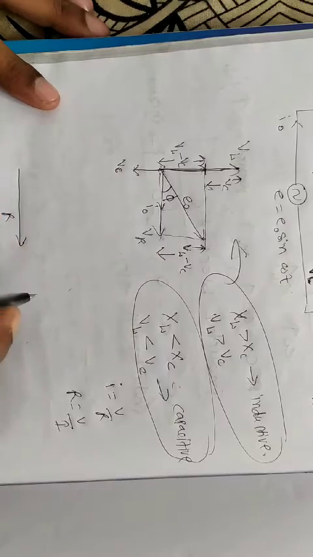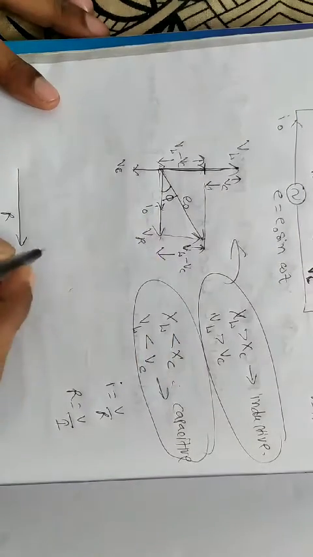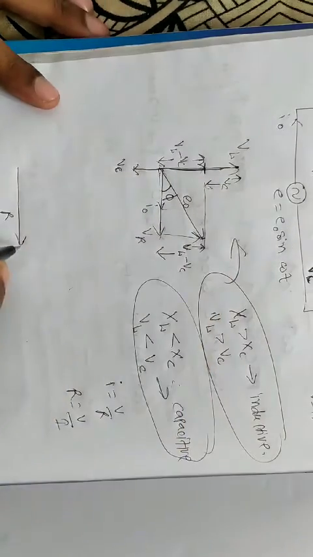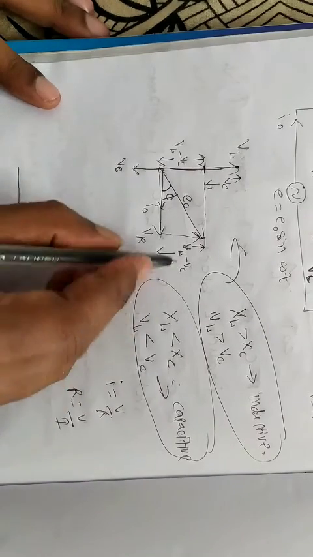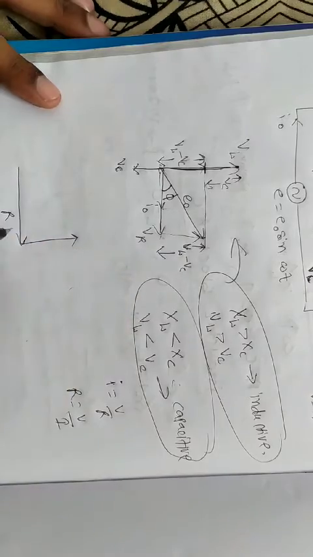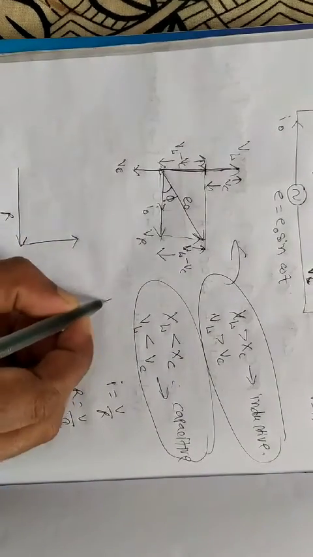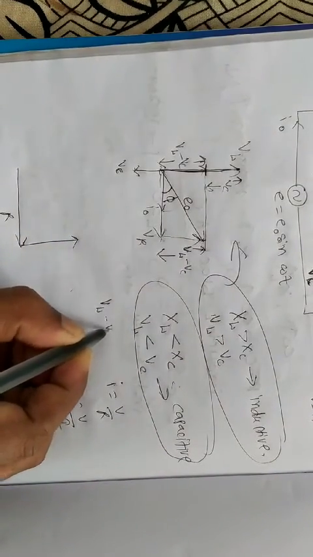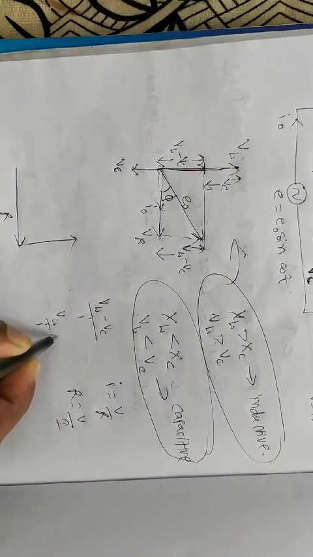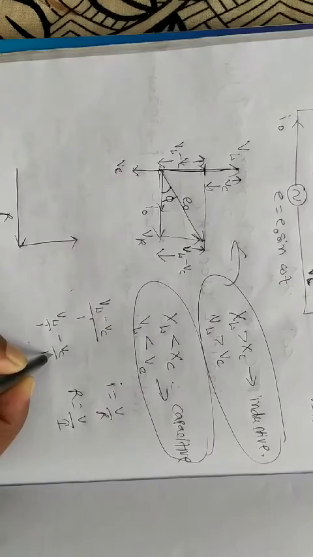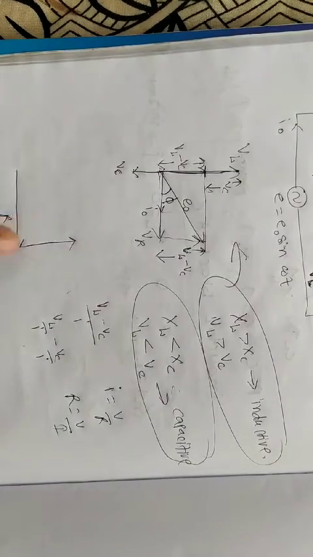Achha, now see this thing. This is VL minus VC. Now if I divide VL minus VC by I, can we write this as VL by I minus VC by I?